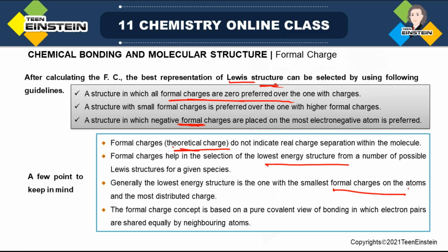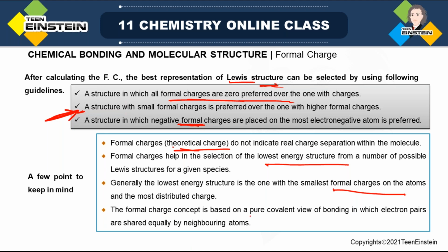That is why in the previous box, the second point says a structure with small formal charge is preferred. Why is it preferred? Because it is associated with less energy, and less energy is always preferred over high energy, because a system always tries to be as stable as possible.